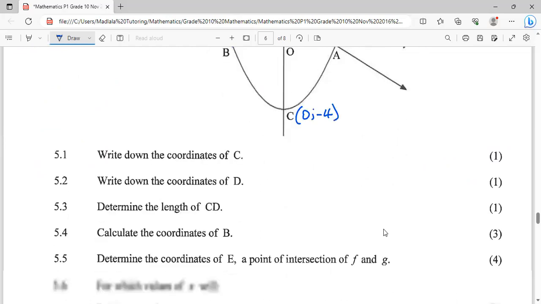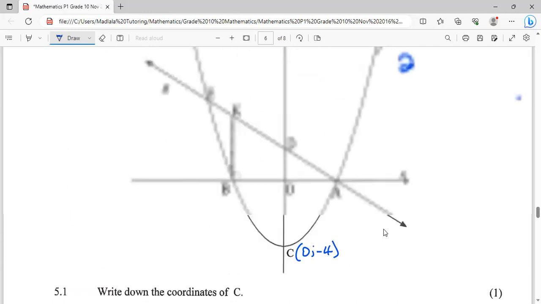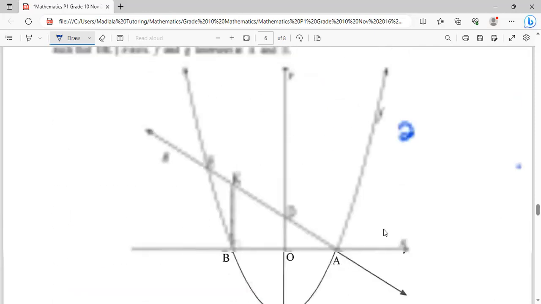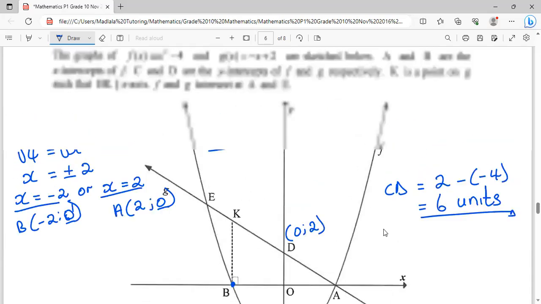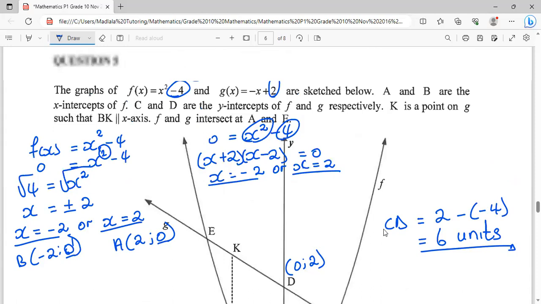Okay, that's fine. And then the fifth question says, determine the coordinates of E, which is just the point of intersection of f and g, like that. So you need to understand that at the point of intersection, it's where your two functions are equal.